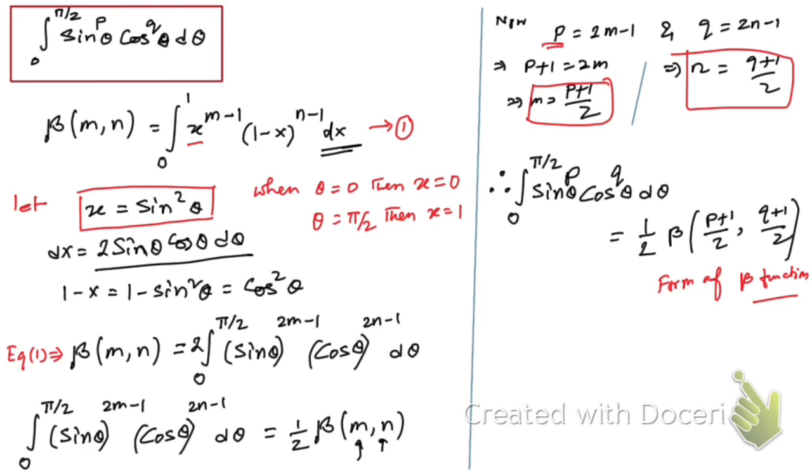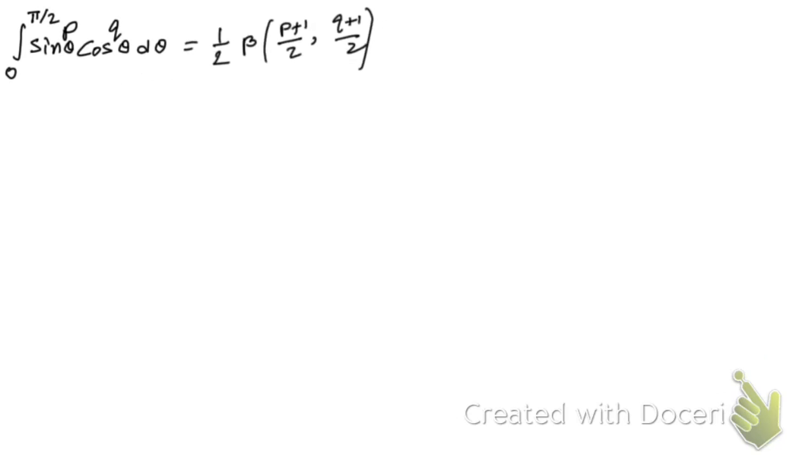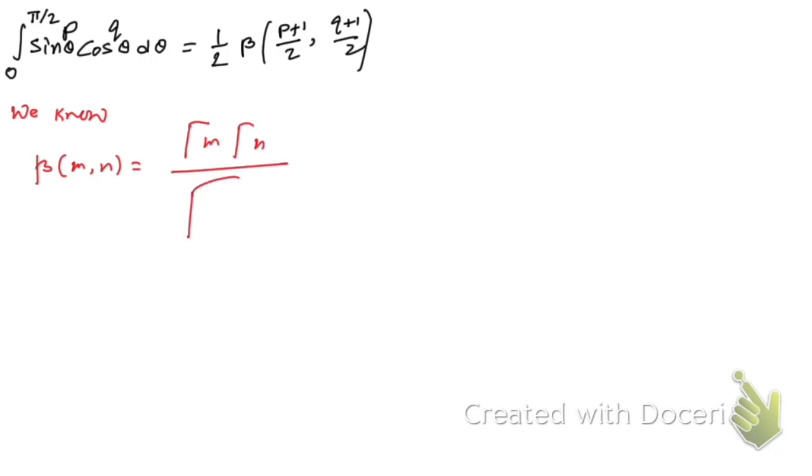Now how to write this in the form of gamma function? Let me copy this last step and go to the next slide. Here is the next slide, and here is the last step. We know the relation between the beta function and gamma function: beta(m, n) is equal to gamma of m, gamma of n divided by gamma function of m plus n.